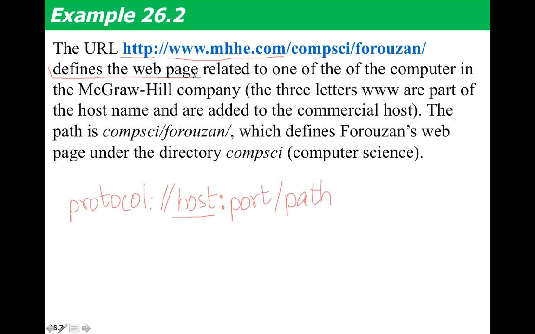But because IP addresses are difficult to remember, we make use of domain names. Port in this case would be 80 because it is HTTP. But if a different port has been used, it must be specified in this part. If it's not specified, then the assumption is that it is the default.